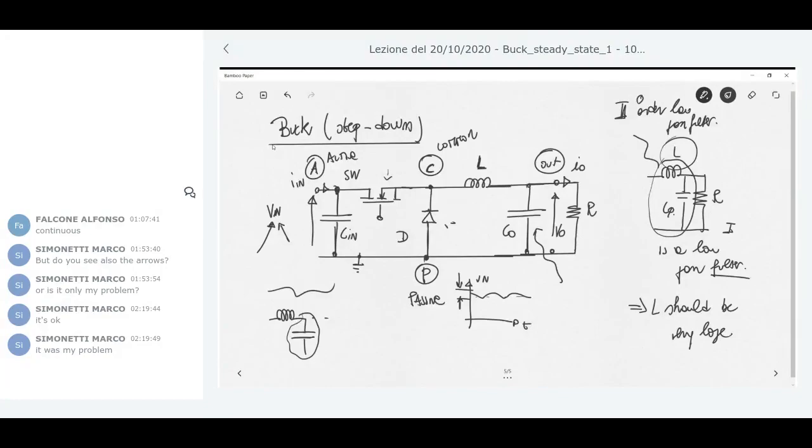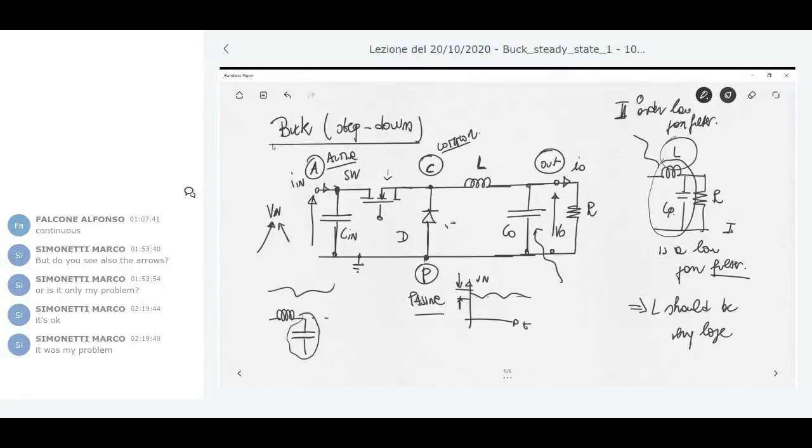It's useful to point out this kind of connection, because it will be very useful when we talk, three weeks from now, about the small signal modeling of each converter in order to design the controller. In that situation, a specific technique to get the small signal model of the converter is based on this active, common, and passive description of the circuit.